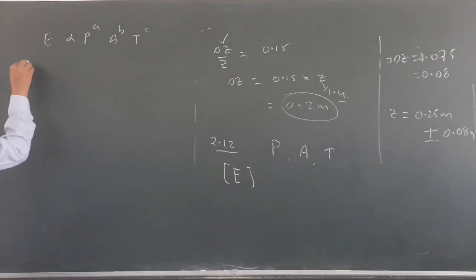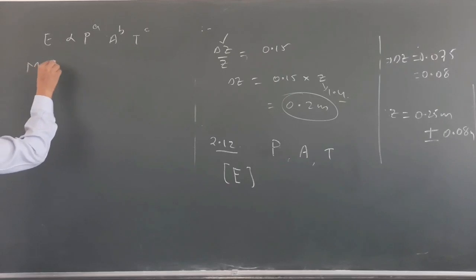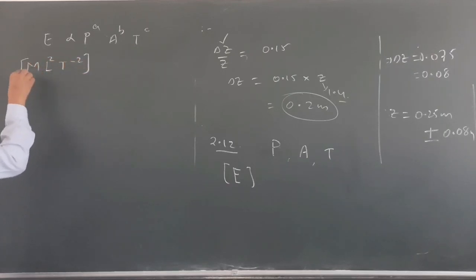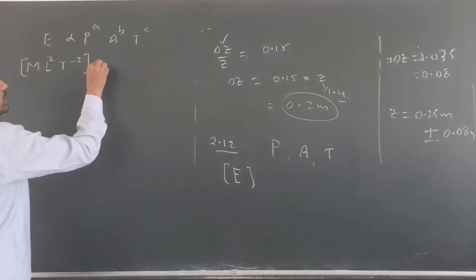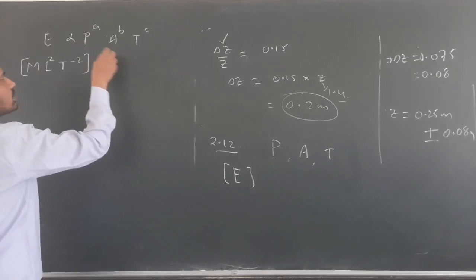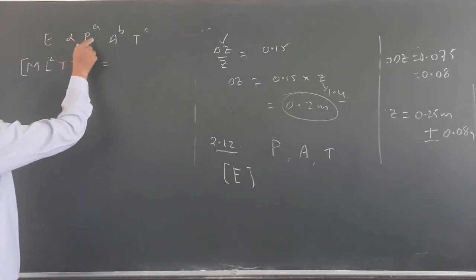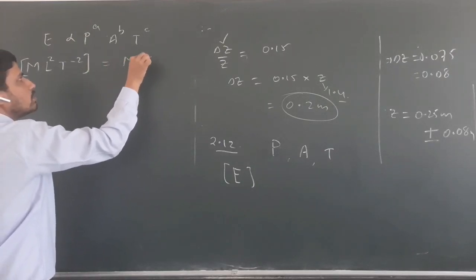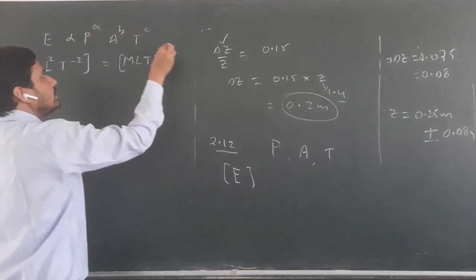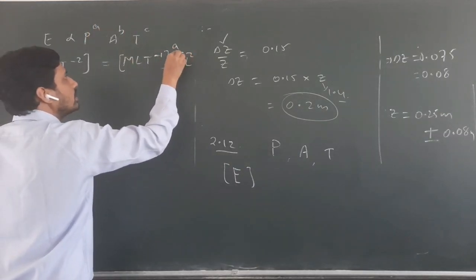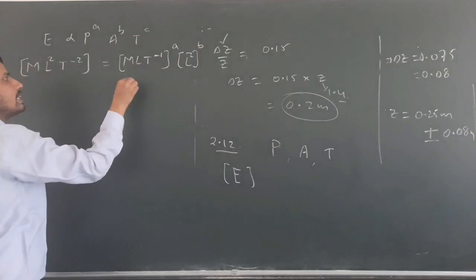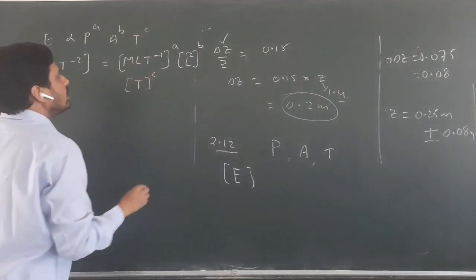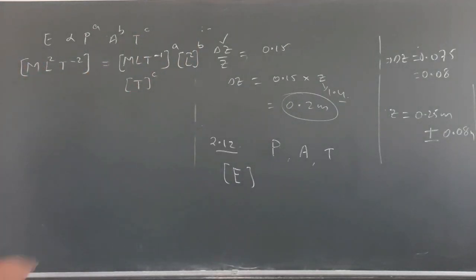For energy, the dimensional formula is M L square T to the power minus 2. Same as that of work. Then is equal to some constant, you can write dimensionless constant K, but that does not have any dimension. So for P that is momentum we have M L T to the power minus 1 to the power a. Area we have L square, so to the power b, time T to the power c. So collect M L T's.